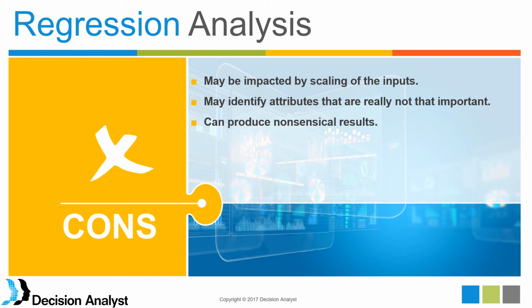It's less of an issue here with regression than it is for correlation. It can also produce what we call nonsensical results. And this is what happens through an issue called multicollinearity, which is really a fancy term for attributes that are highly related to one another competing for attention in the regression.